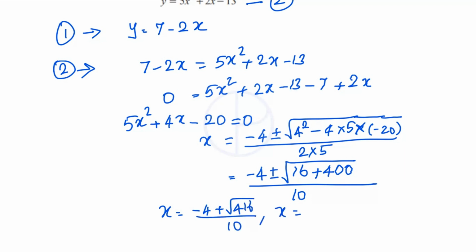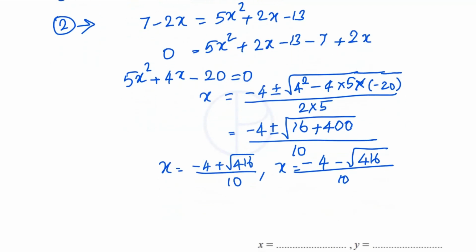Another one is x equal to minus 4 minus square root of 416 divided by 10. Let's simplify this. Use a calculator to find the value. So this is equal to 1.6396 and this is equal to negative 2.44.